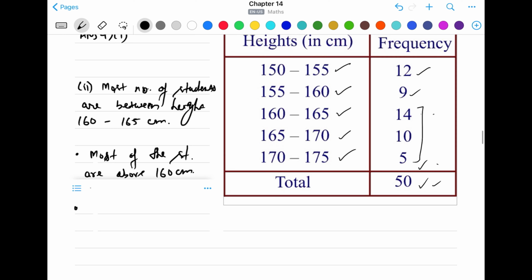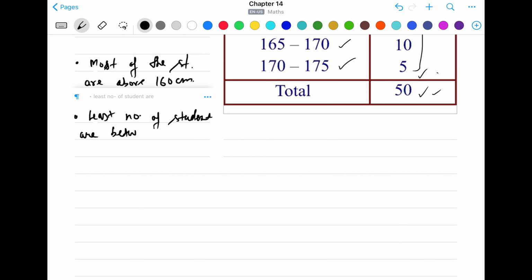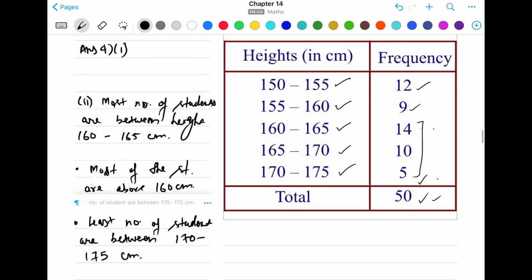There can be another conclusion, like the least number of students are between 170 to 175 centimeters. So these are a few conclusions that you can draw from this table: most of the students are lying in this interval, most of the students are more than 160, and the least number of students are of height 170 to 175 centimeters. So that's the answer for question number 4.